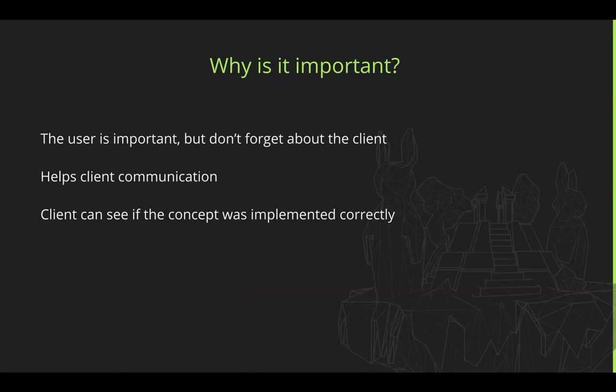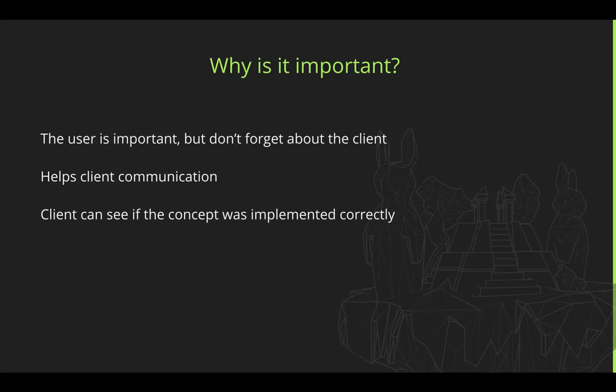The user is important, but the client is just as important, since they are paying you to do your job. What's most important to the client is that they want a product to solve a certain issue, and they want it to be successful, and they have certain tick boxes that they want checked.